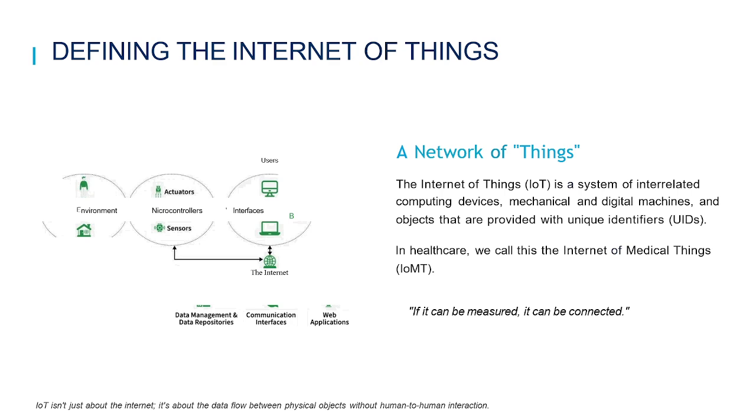The most important concept to understand is that the Internet of Things creates a bridge between the physical and digital worlds. If a health parameter can be measured, then it can potentially be monitored, analyzed, and improved using connected technology.